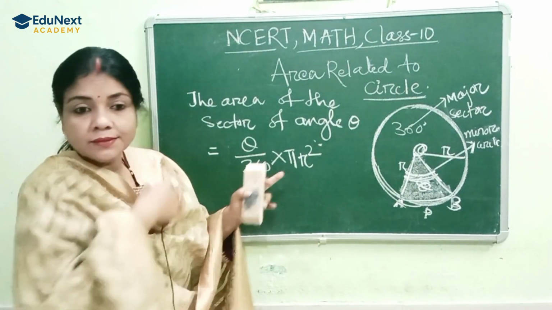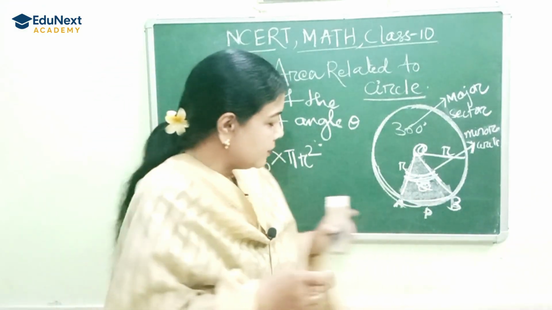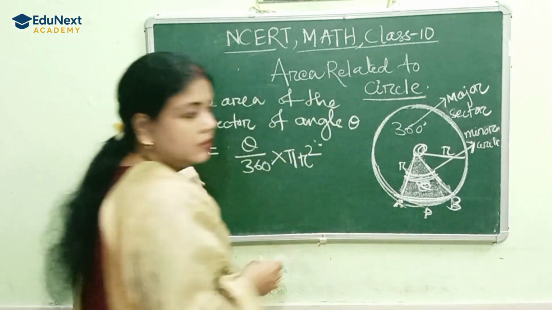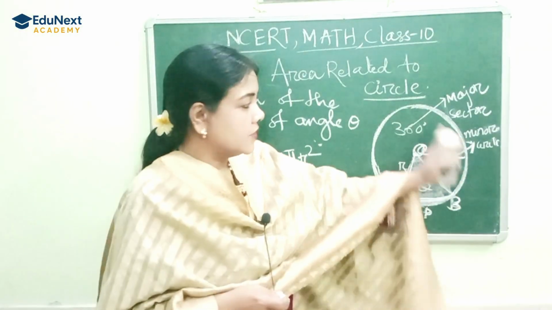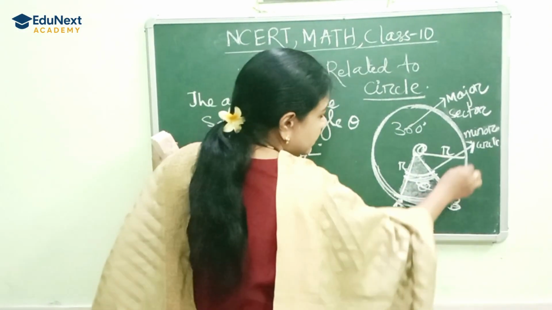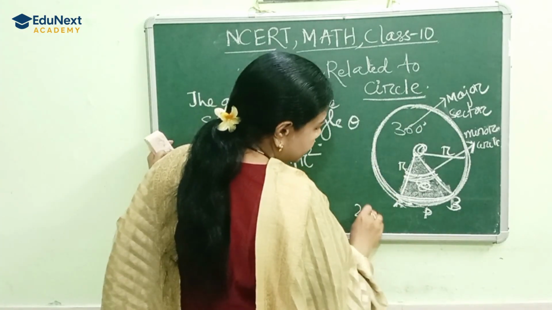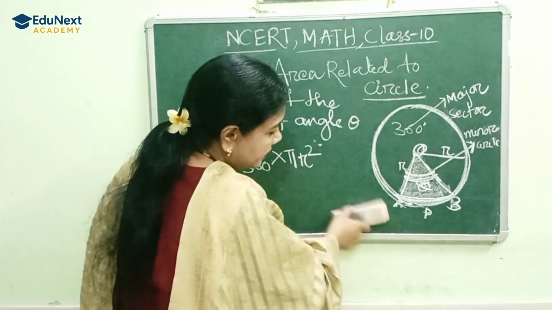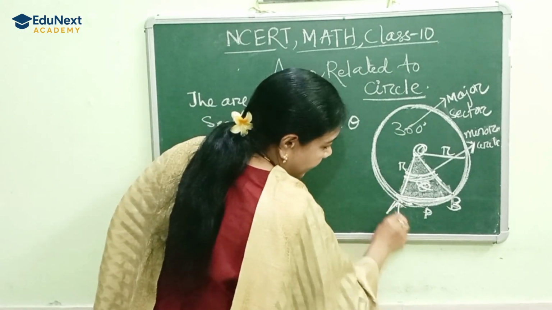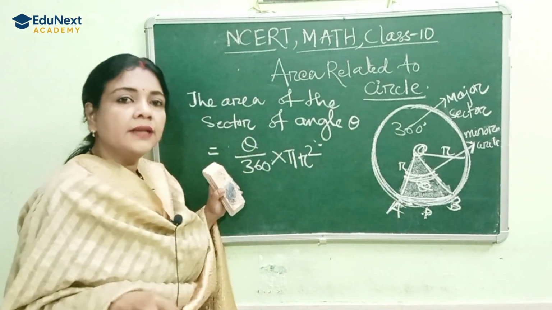Now let us discuss how to find out the length of this arc. As I have told in the last video, arc is a portion of the circumference. Circumference means if you go like this, it is 2 pi r. So the arc APB is a portion of that 2 pi r.